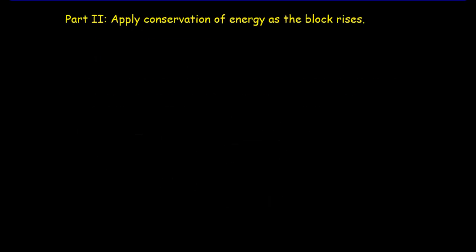Let's go to part 2 now. Part 2 is where we're going to use conservation of energy. So we've definitely had all kinds of energy dissipated when the bullet embeds itself. But once it's embedded, the bullet in the block will have a certain amount of kinetic energy. And there shouldn't be any significant losses to the environment from that point until the bullet plus the block system raises to maximum height.